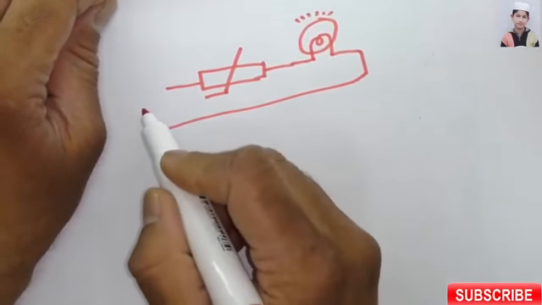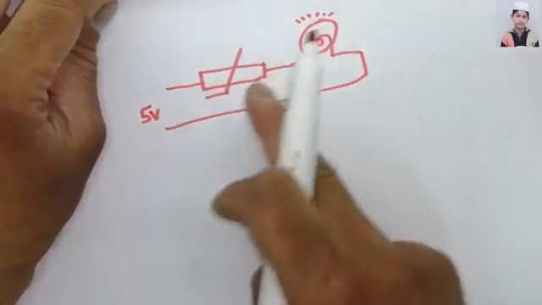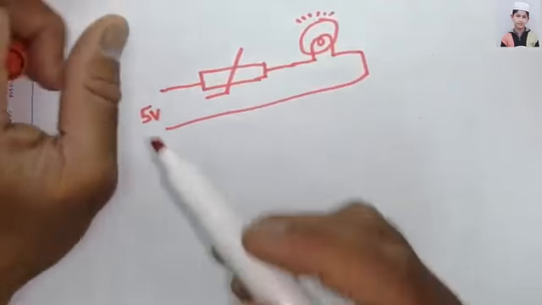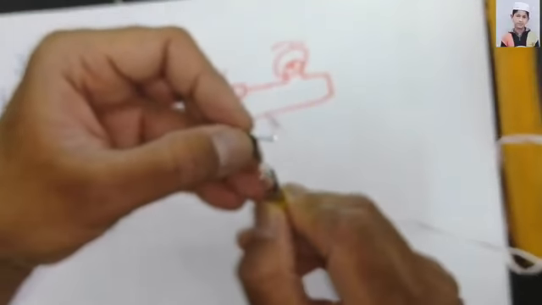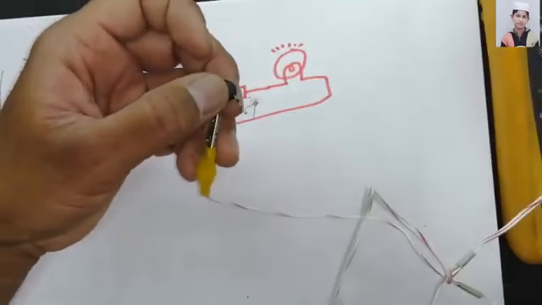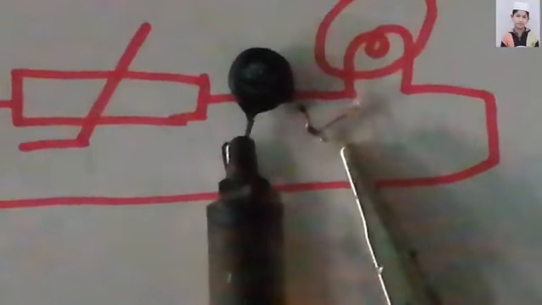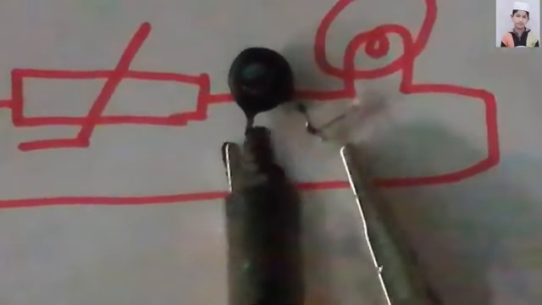Here I will connect 5 volt. It is in series. In normal condition, it will give its nominal resistance of 10 ohm. Now I am going to connect the voltage. Yes, I apply heat, and we will see the result.